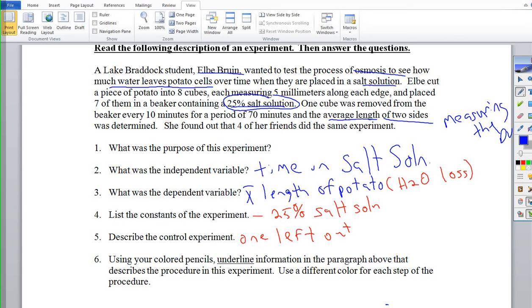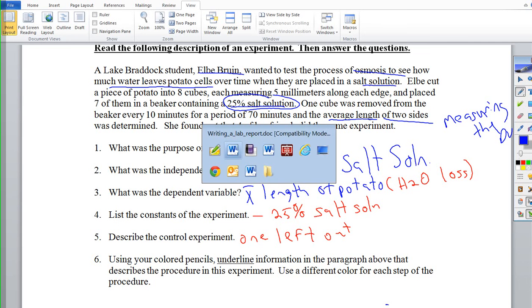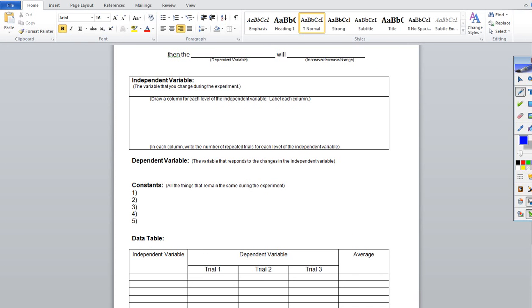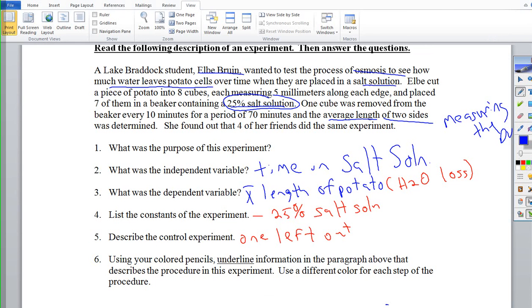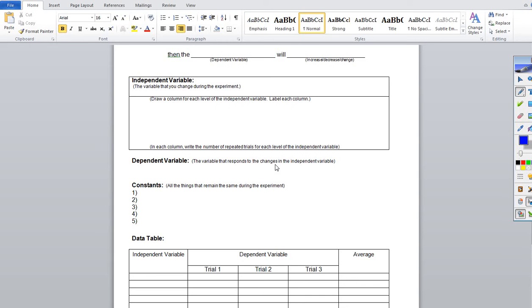So, the only thing I want you to do is look at this now, and then all right, so this is going to go away. Anyone need it still? All right, so what we want to do is, you had this handout last class, Rick.